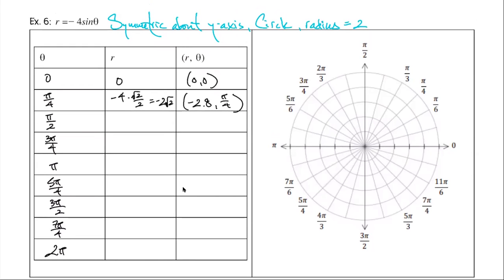So as far as David's question about going up to pi or going all the way up to 2 pi, here's the thing. Sometimes you're going to have to go to pi to get the whole shape, but sometimes you're going to need to go to 2 pi to get the whole shape, okay? So as we're doing this for the first time, I would like us to start to think about what patterns we see, because when we get to Calc 2, I would prefer that you don't sit and write out all the numbers all the time, okay?